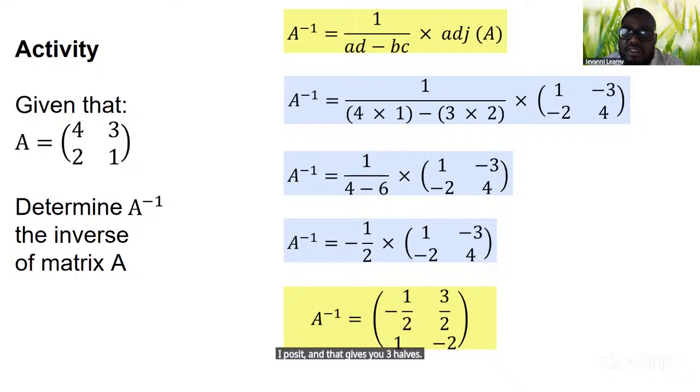Then negative a half times negative 2: some persons might write negative 2 halves, but it can be simplified, so you simplify it. Whenever you see a fraction that can be simplified, you are encouraged to simplify, unless otherwise told.